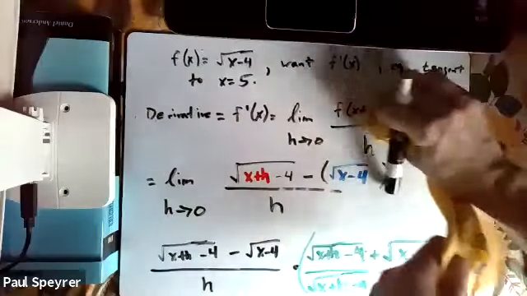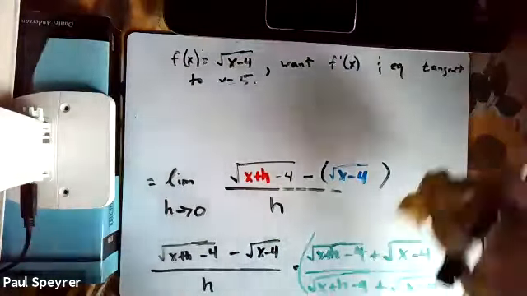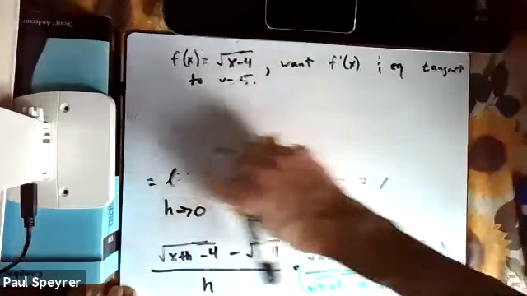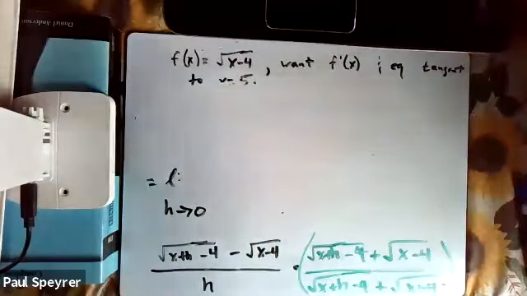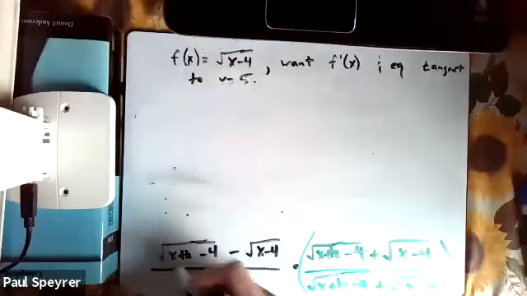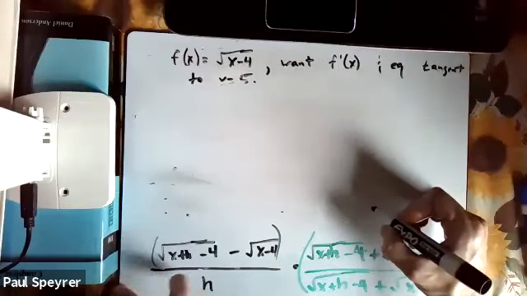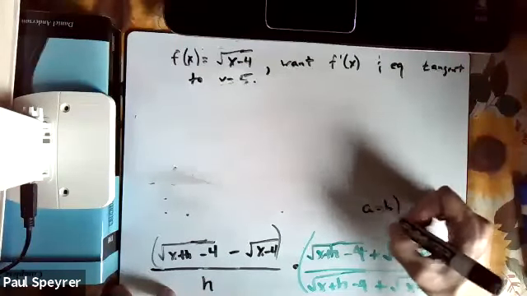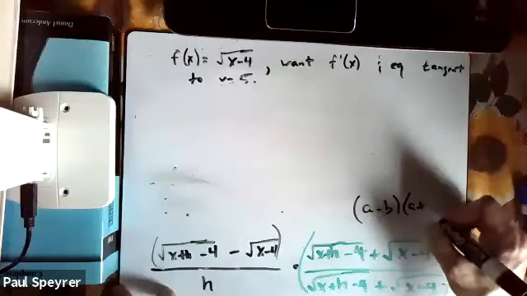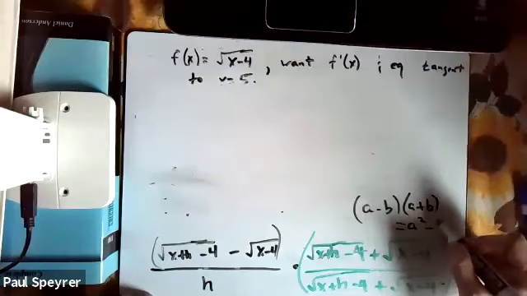Now, when you multiply by the conjugate, what's nice is you get the difference of two squares. So remember, this is just when you have a minus b times a plus b, which is what we have going on right here. You just get a squared minus b squared.